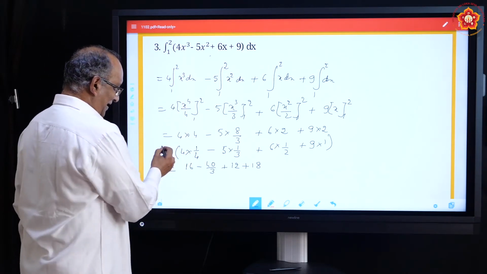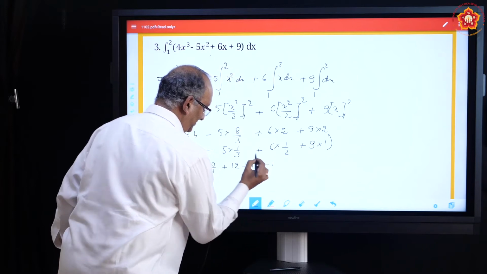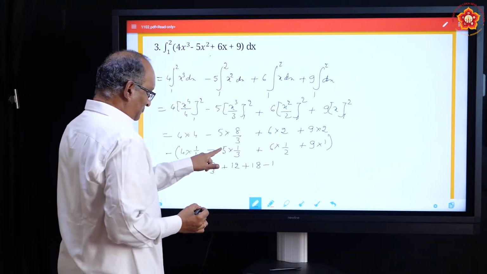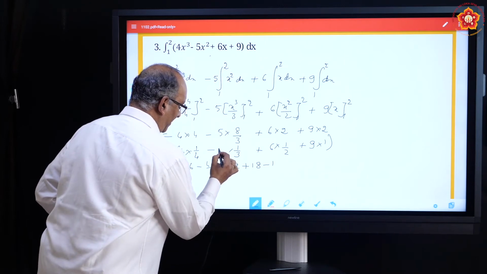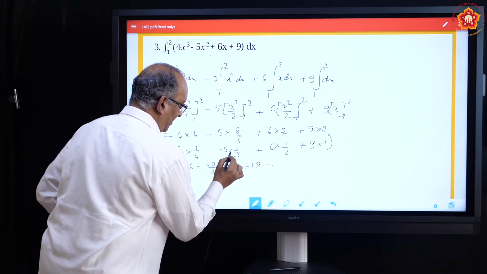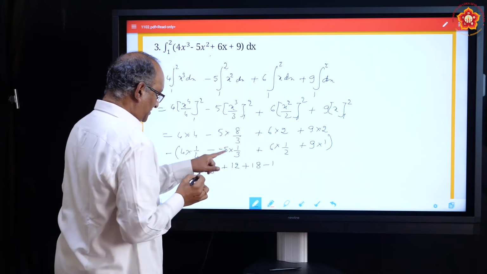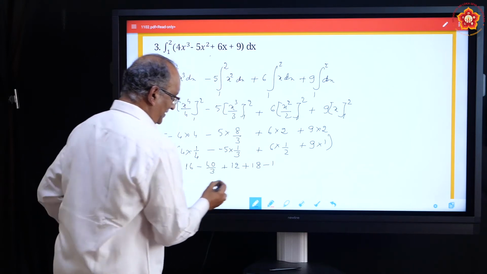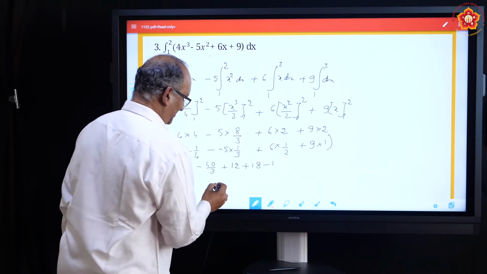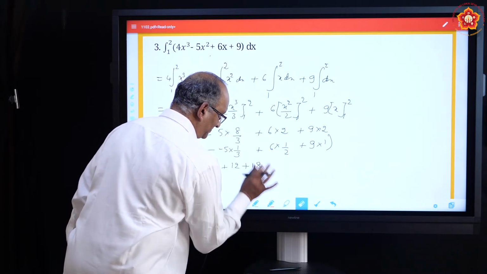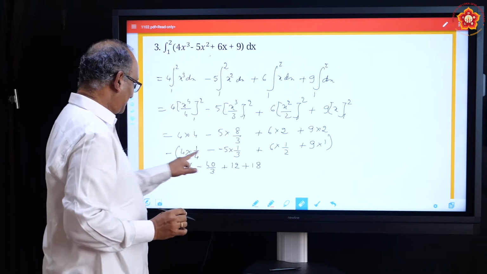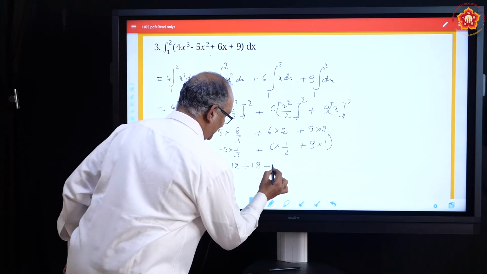So 4 4 gets cancelled, so it is basically minus 1. This is minus 5 by 3, so with minus it will become plus 5 by 3. Sorry. These are the first terms, so this is minus 1 as it is.